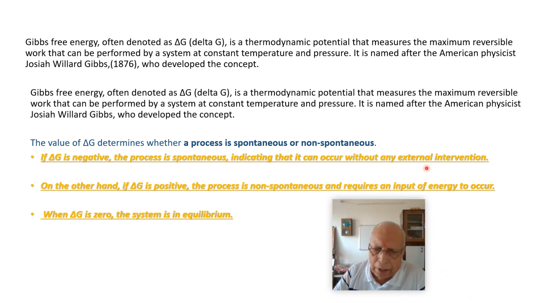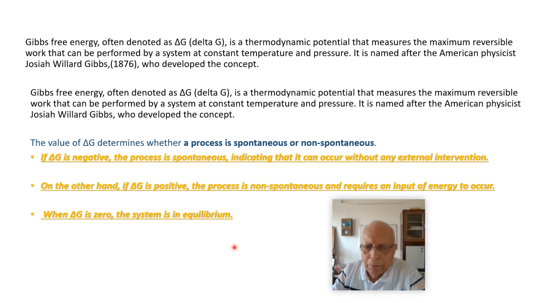What a spontaneous reaction and a non-spontaneous process are, I have introduced earlier. On the other hand, just contrary to it, if it has a mathematically positive magnitude, the reaction will be non-spontaneous. Means it will need some effort to bring about or carry out the process.